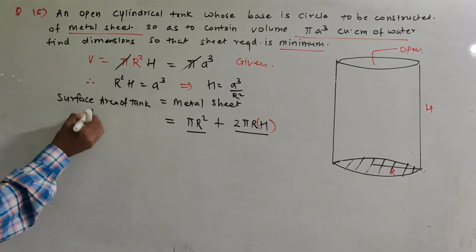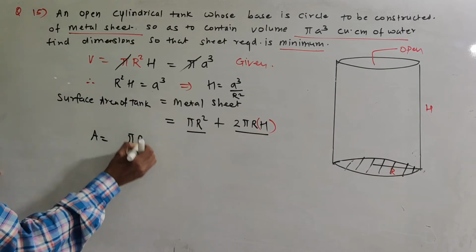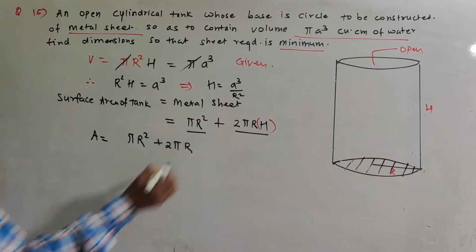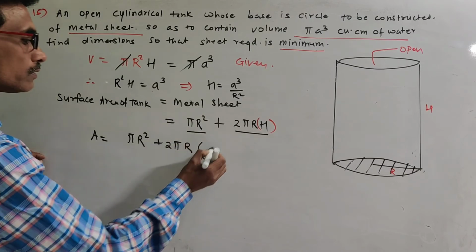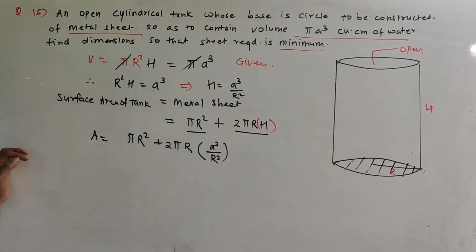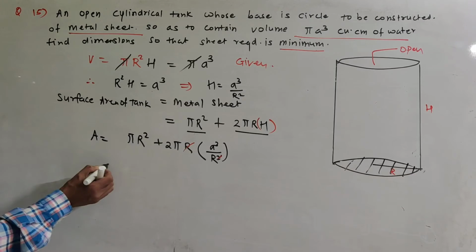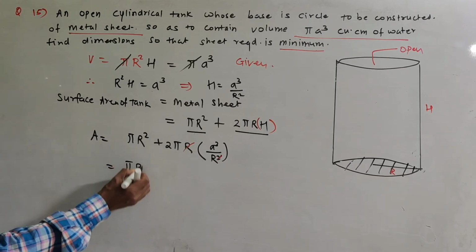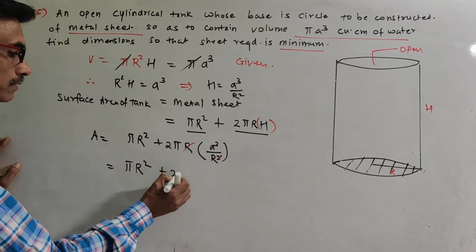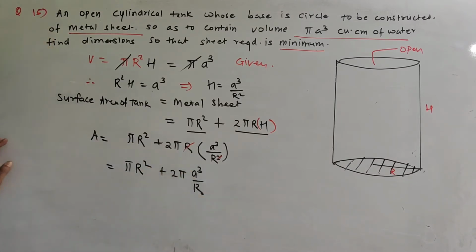Therefore the surface area A is equal to pi r square plus 2 pi r into h, where h is a cube upon r square. Now this r is getting cancelled over here. So it is pi r square plus 2 pi a cube upon r.